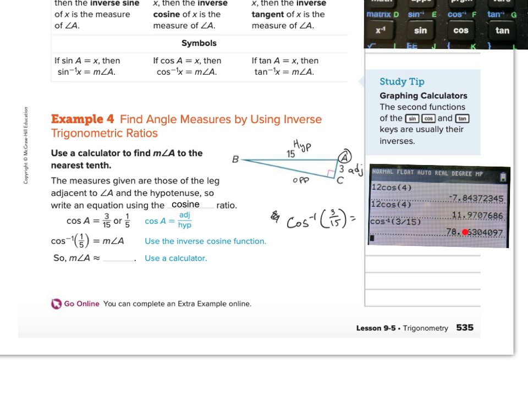The 6 rounds the 4 up to 5. So approximately 78.5 degrees. I did not need to simplify this fraction. I just put it in just like that. The calculator is going to simplify that as it needs to, so no reason to waste that effort if I'm going to have to plug it into the calculator to get the answer anyway.